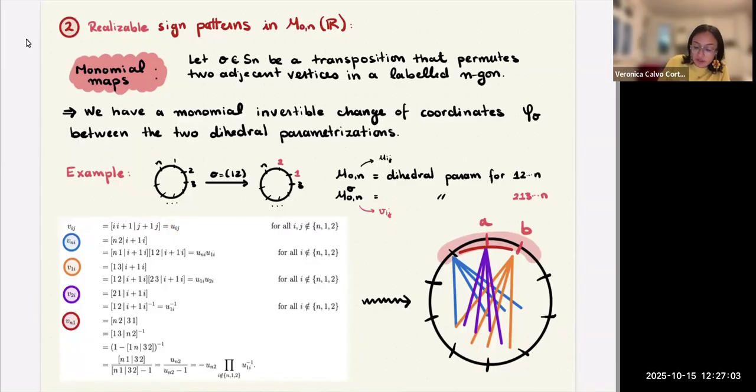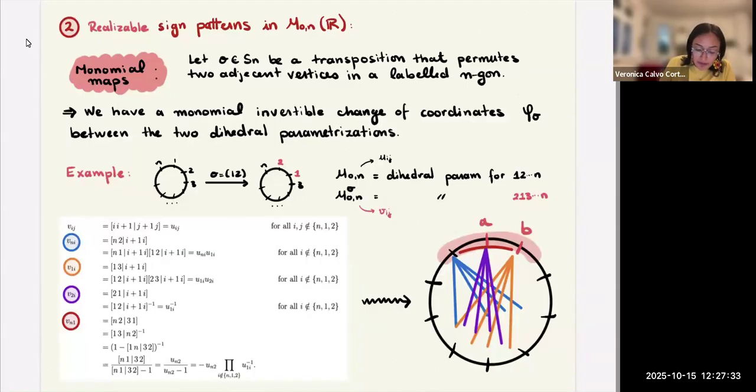So the first observation is that if both i and j don't touch 1, 2, or n, then the coordinates for i, i+1, j, j+1 are all exactly the same as before. Where I did this transposition is not affecting this chord, and so the dihedral coordinates are the same.